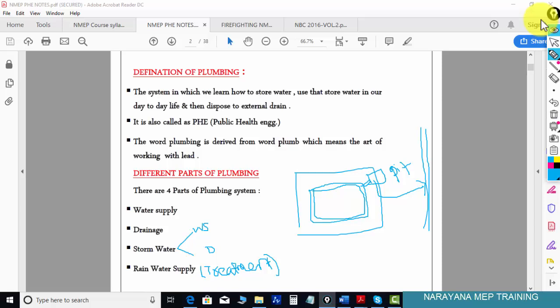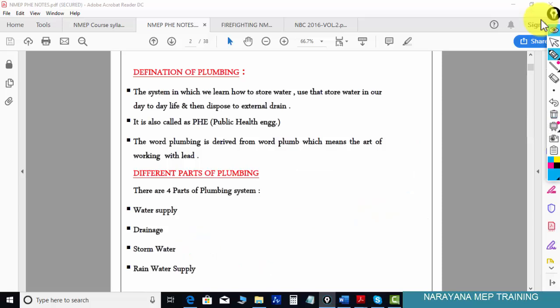Even I used to think storm and rain to be the same. Not only you, a lot of people have this confusion. Now it is clear what the difference is. Very good. Fine.